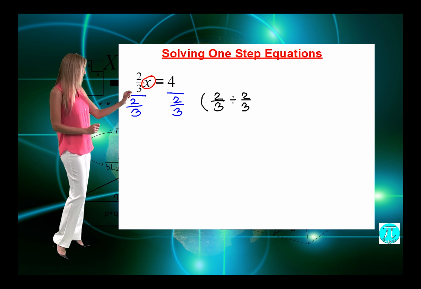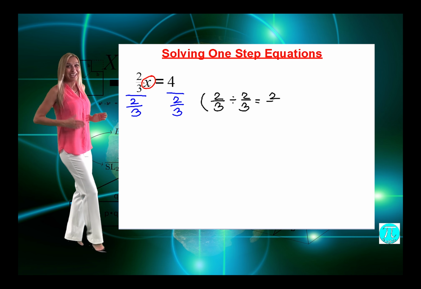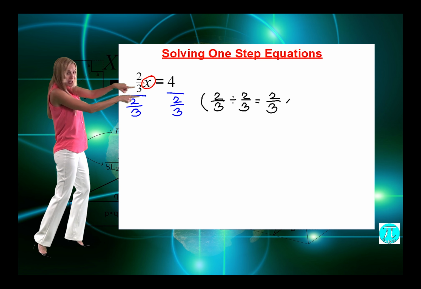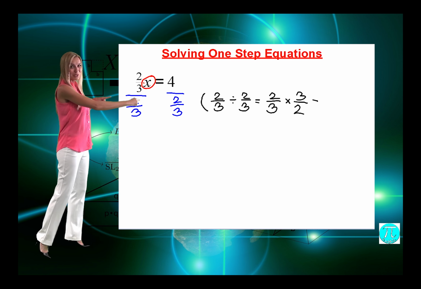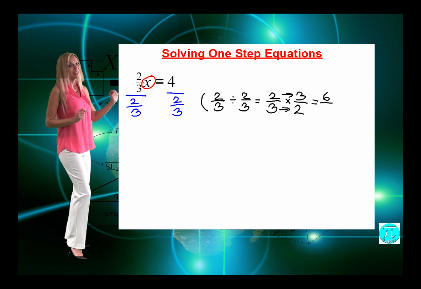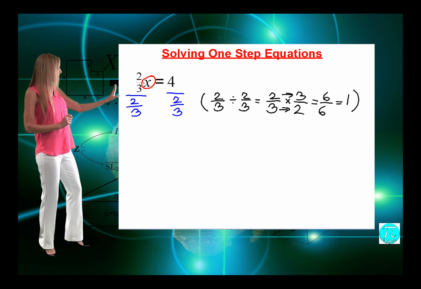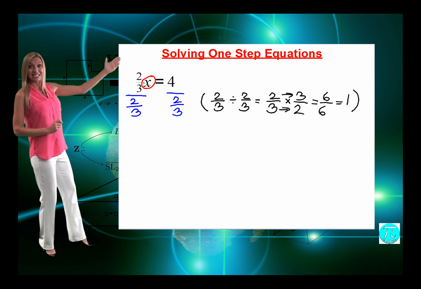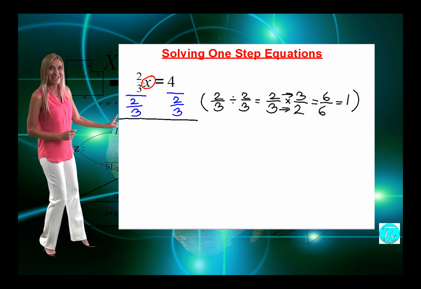We replace the division with a multiplication, and then we go straight across and multiply. 2 times 3 is 6. 3 times 2 is 6. And a fraction is a division, so 6 divided by 6 equals 1. So 2/3 divided by 2/3 indeed equals 1, right? Which will leave me with 1x.